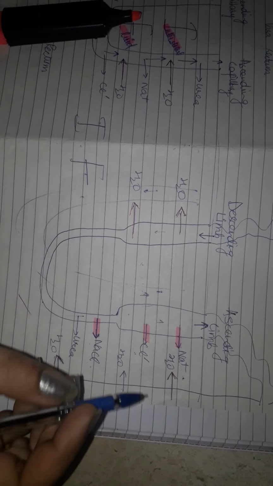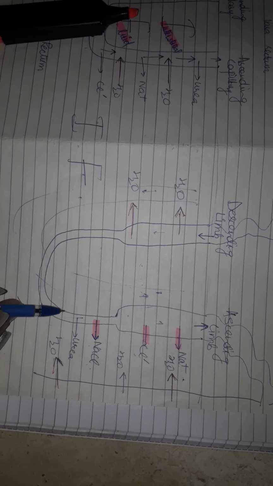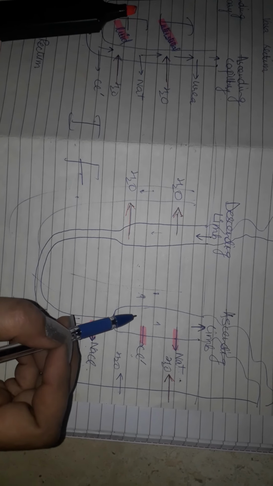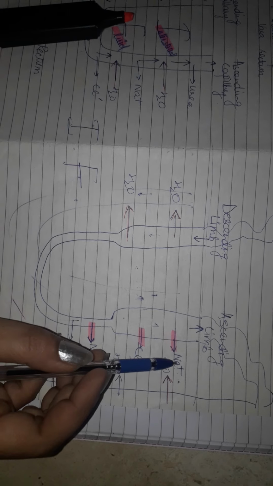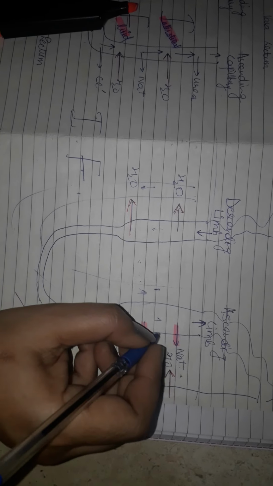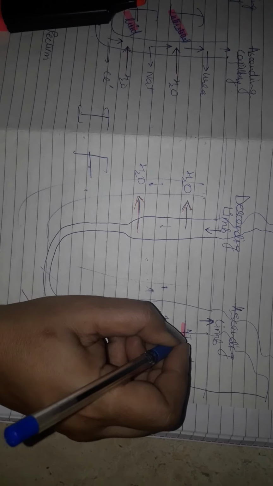Let us repeat. In the ascending limb of loop of Henle, when the fluid passes in the narrower region, it loses sodium chloride to the interstitial fluid, and in the wider region it loses sodium ions and chloride ions to the interstitial fluid. This is lost by the process of diffusion, and these are lost by the process of active transport.